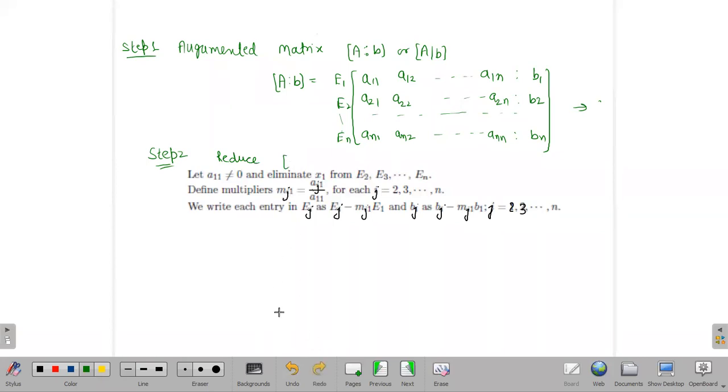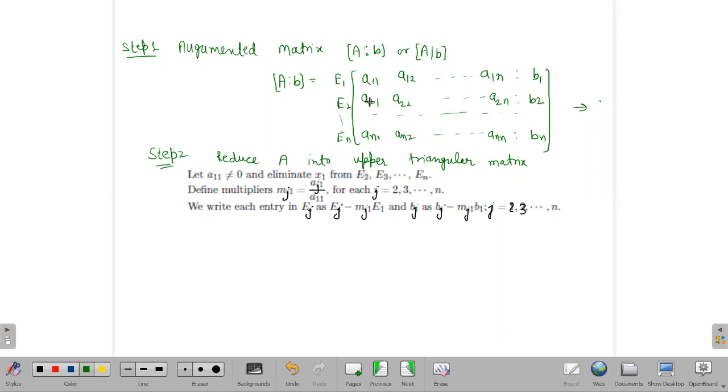Obviously A|B is not a square matrix, so obviously you will reduce A into upper triangular only. Upper triangular means above the diagonal they are non-zero, and below the diagonal all the entries will be zero. So for this we will do step by step.